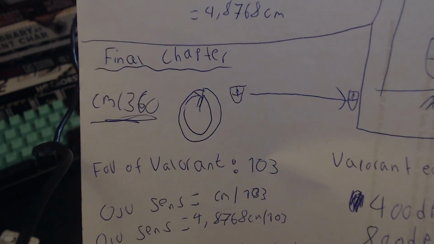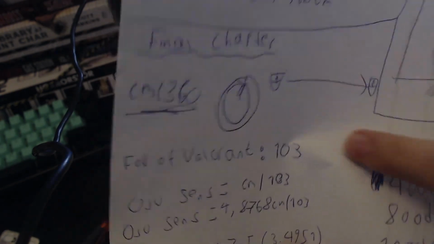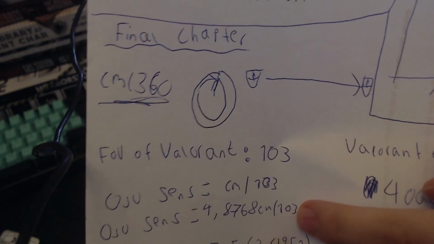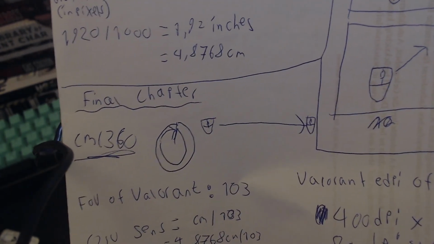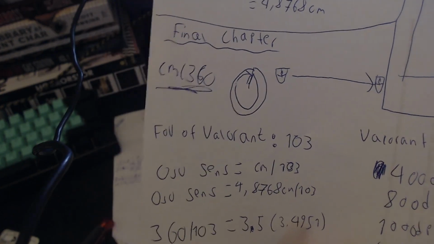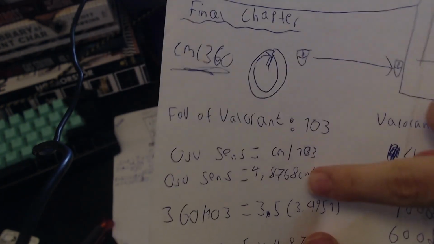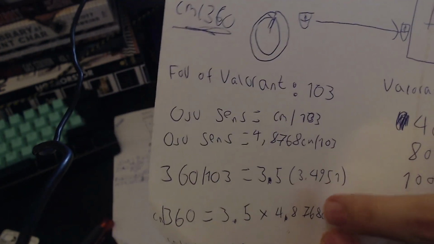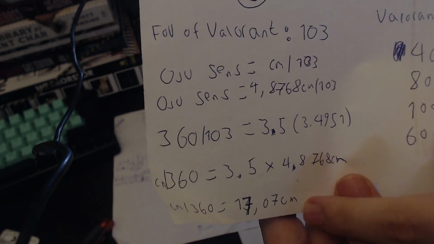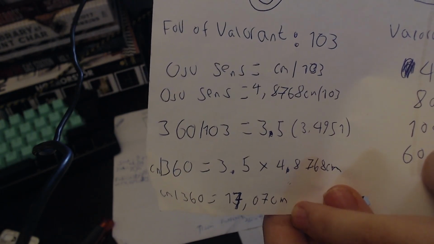So we replaced the width with 103. So that's now our centimeters per 103 degrees. But since we need centimeters per 360, we multiply 4.8 with roughly 3.5, and what we get is a centimeters per 360 of 3.5 times 4.8, which is 17.07 centimeters.